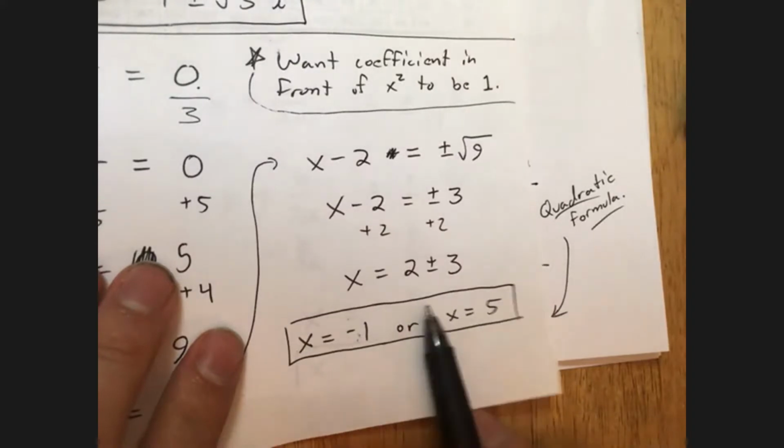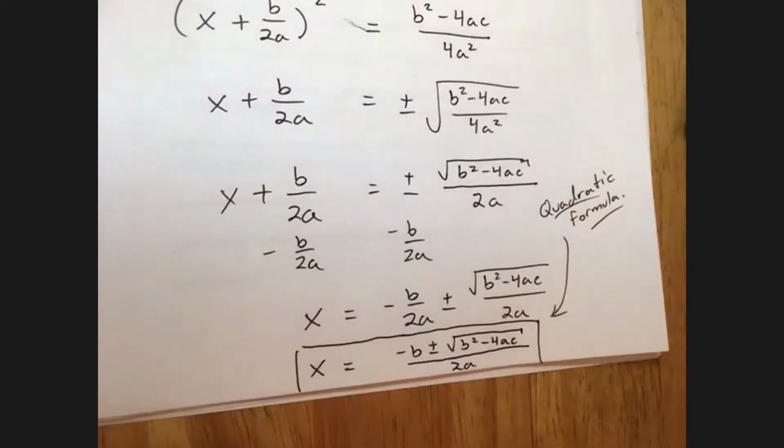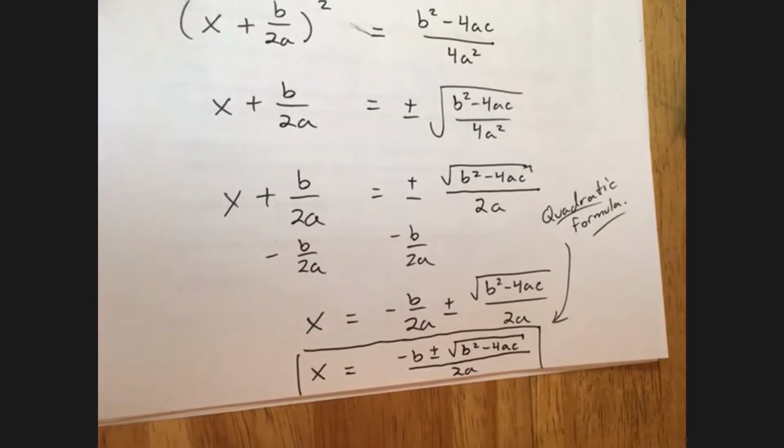That formula will spit out the exact same thing. So it will solve any second degree polynomial equation that's set equal to 0. And you can always arrange that it is. So that's completing the square, and that's where the quadratic formula comes from. That's a very important application of it.